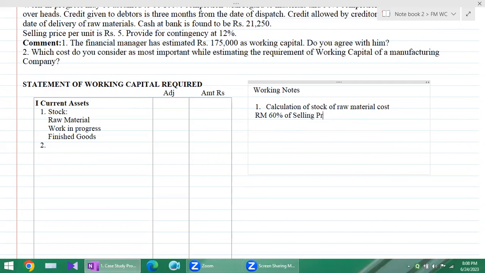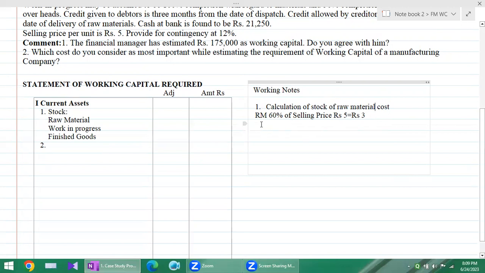Selling price is rupees 5, so you get the answer as rupees 3. Stock of raw material, so we got the calculation. Raw material we got.